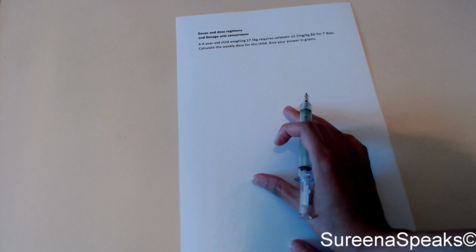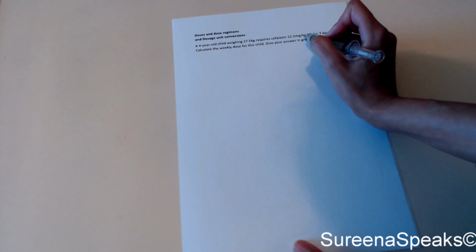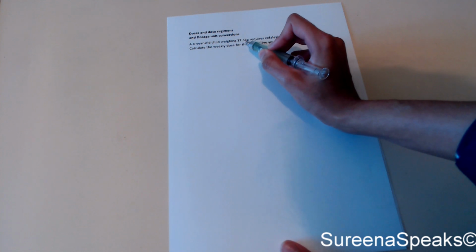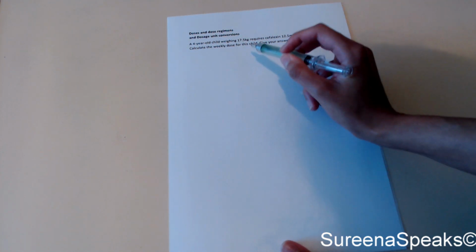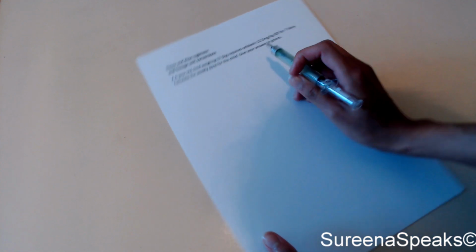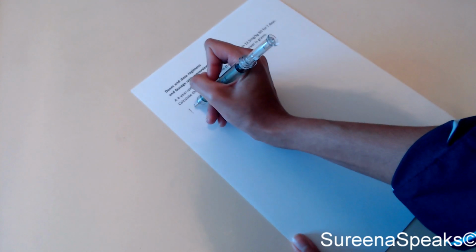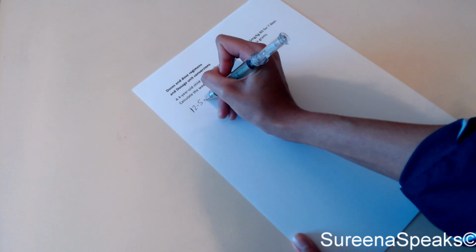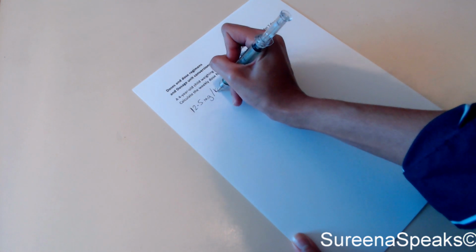Firstly, apologies because my handwriting is not the best. I'm also going to have to turn the page whilst I write as well. So with questions like this, I always find that if it's saying per kilogram, you're going to have to use the kilogram at some point, usually. And so for this question, it's no different. So we've got 12.5 milligrams per kilogram.